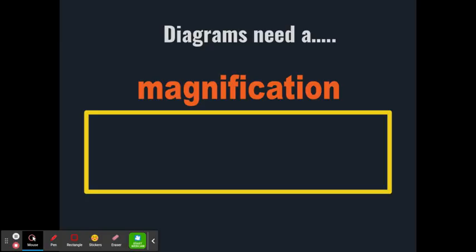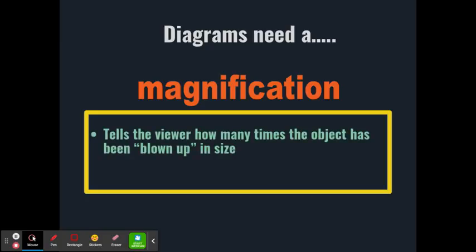Also, on a scientific diagram or drawing, you need to list the magnification of the object. This tells the viewer how many times the object has been blown up or magnified in size. Now, when looking through a microscope, the ones that we have, the objectives are 4 times, 10 times, or 40 times.